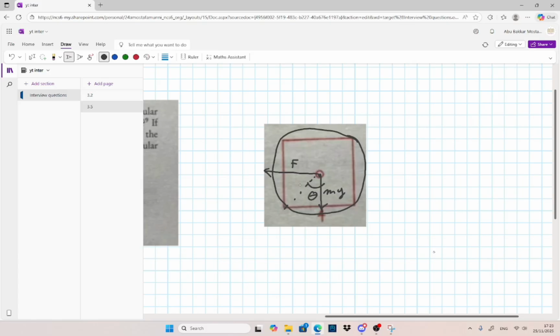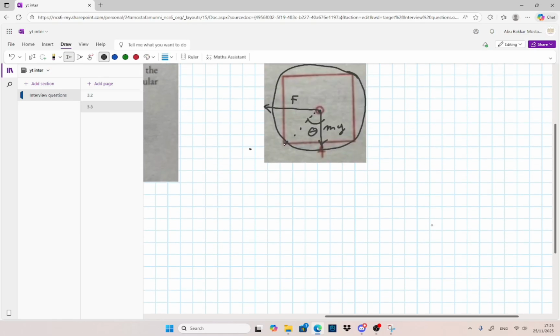What we know is that to make this square rotate, not slip, because slip is just F with no force counteracting, we have to make it rotate. In order to make it rotate, we're going to have to use moments. So if we take moments about this corner right here, let's call it A, the moments about A are going to be equal. The distance r is the same for both forces. We're going to have mg sine theta, because it's opposite, acting this way, like right here.